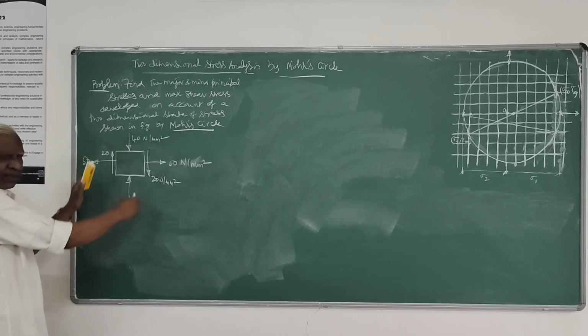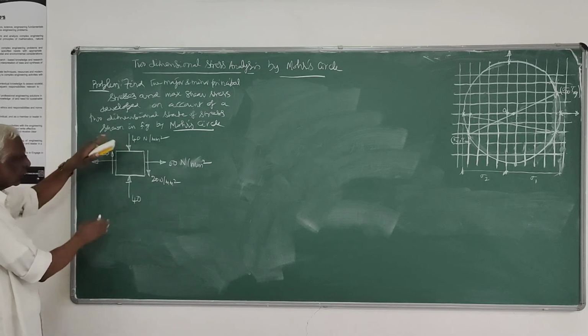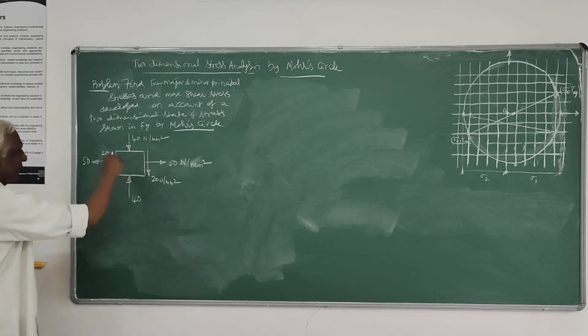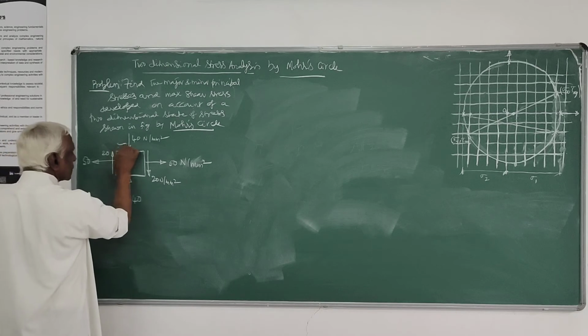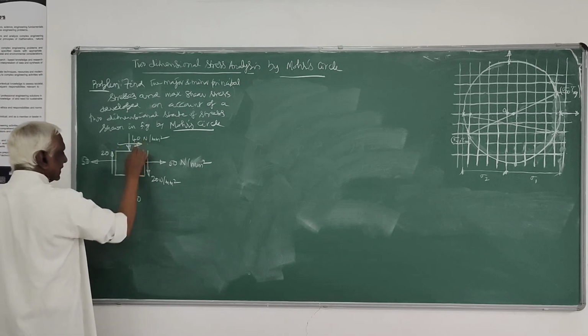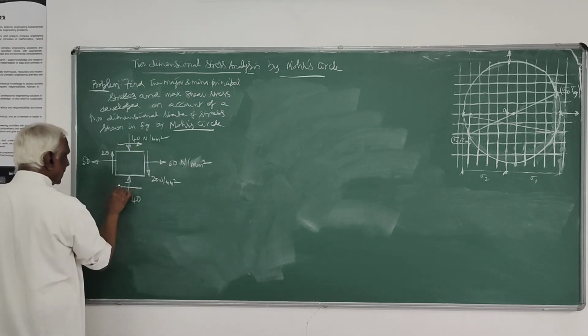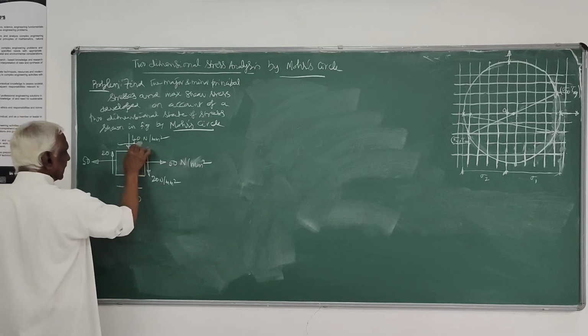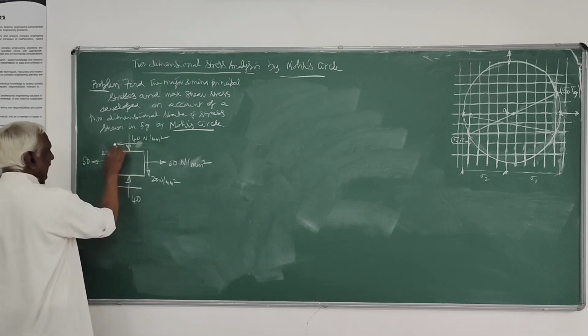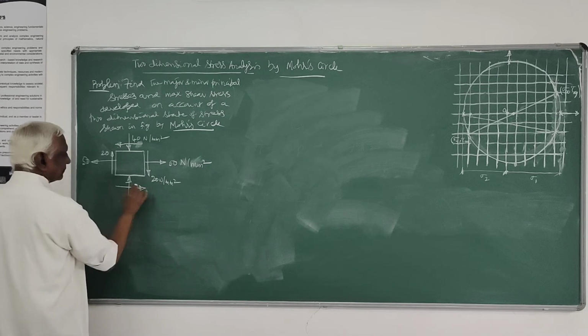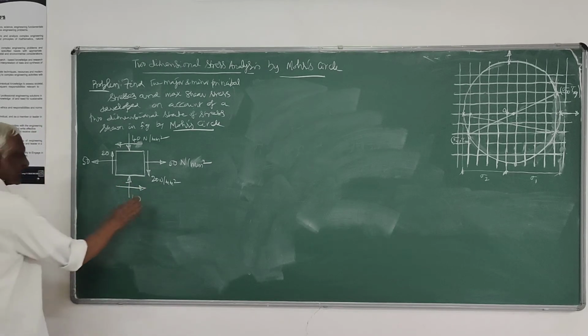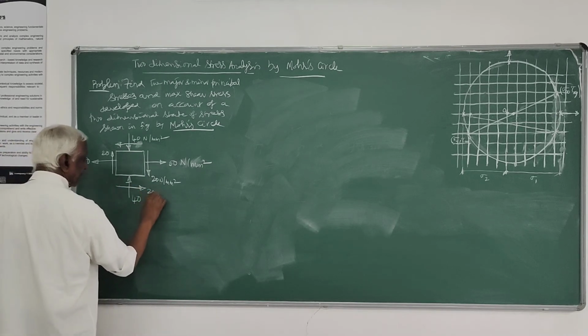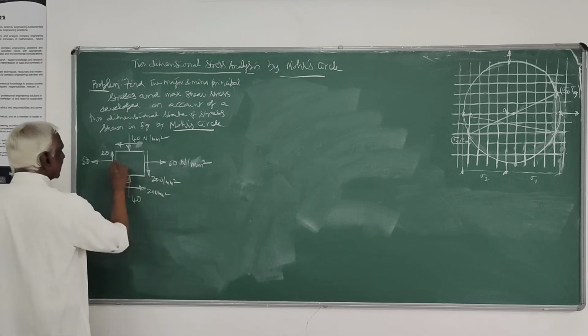So this will give a clockwise movement. To keep this in equilibrium, there must be another pair of shear stresses in reverse. So this is also 20 Newton per meter square.